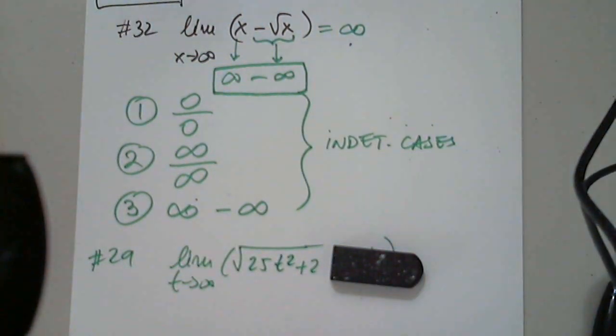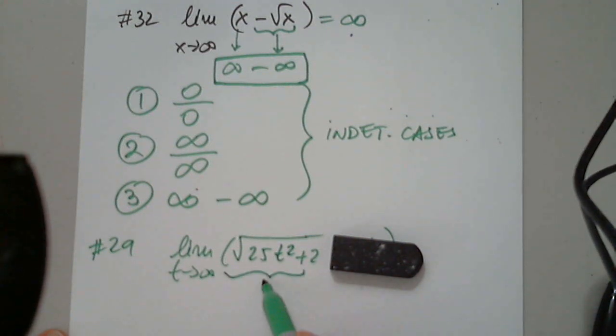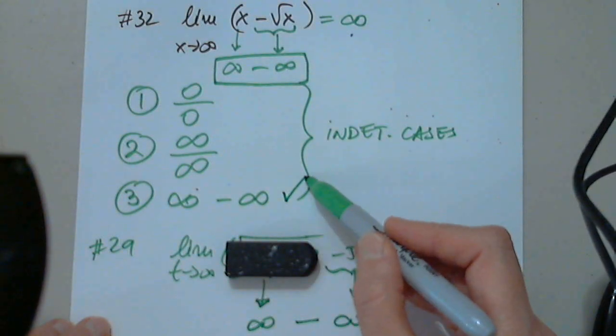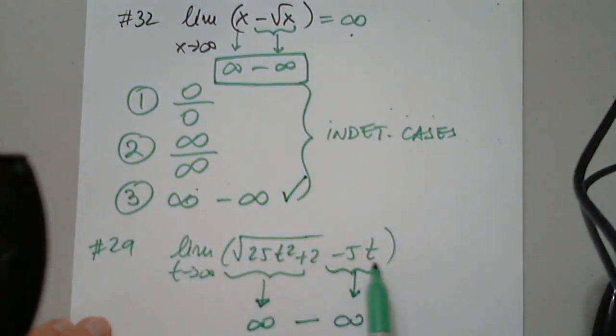Where is this going as t approaches infinity? Infinity. Awesome. And where is this going as t approaches infinity? Negative infinity. Awesome.